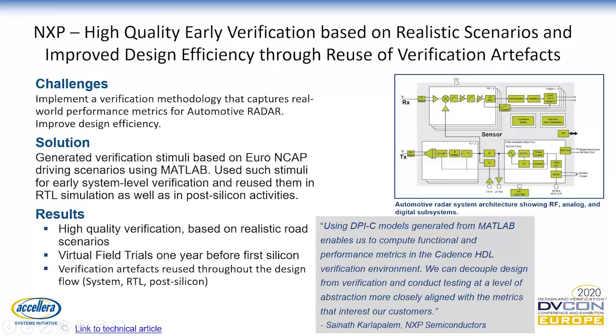So 1 year before they had the first silicon. At the bottom of the page, you have the link for the technical article that you can also read later on. And I do assume that you will get the presentation from the organizers of DVCon.